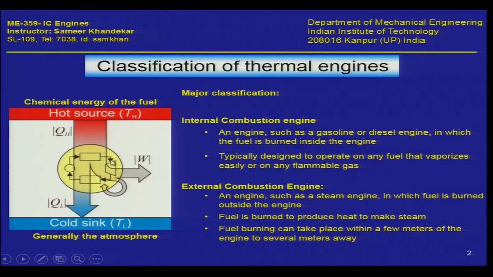It can also be an external combustion engine, such as a steam engine, where the fuel is burnt outside the engine. Whether the energy is obtained inside one of the elements of the engine or outside somewhere is what distinguishes internal combustion engines from external combustion engines.